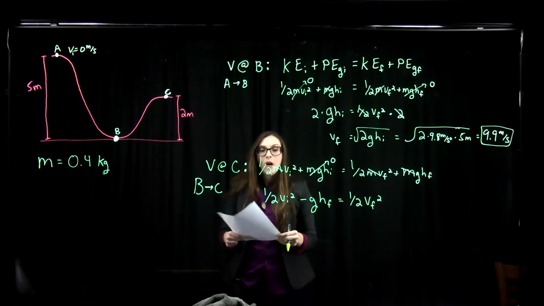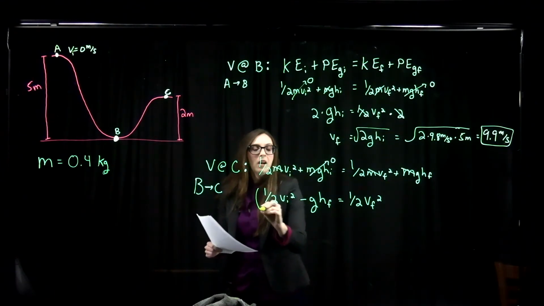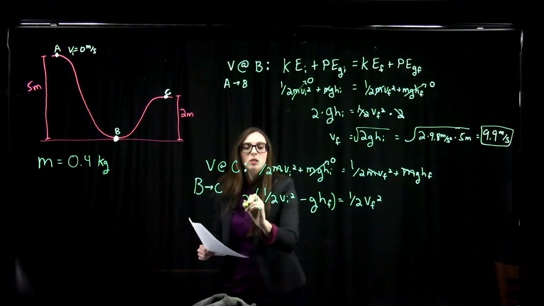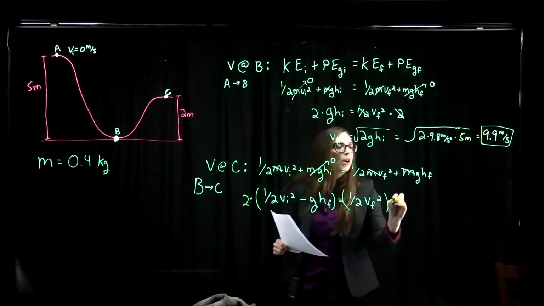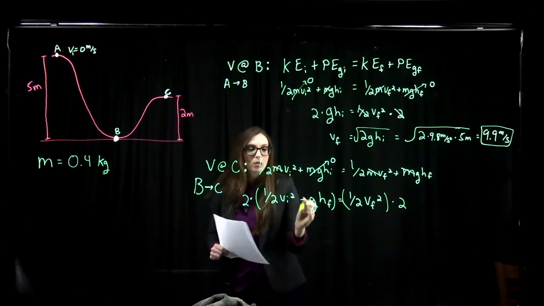Now we've got these halves floating around. Let's get rid of them by multiplying both sides of our equation by 2. 1/2 times 2 is 1, and 1/2 times 2 is 1.